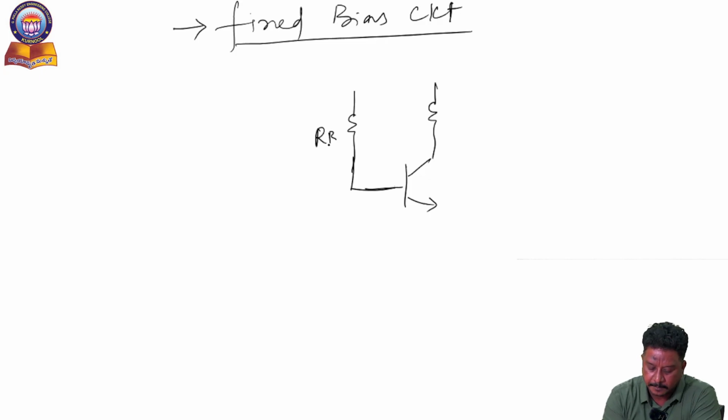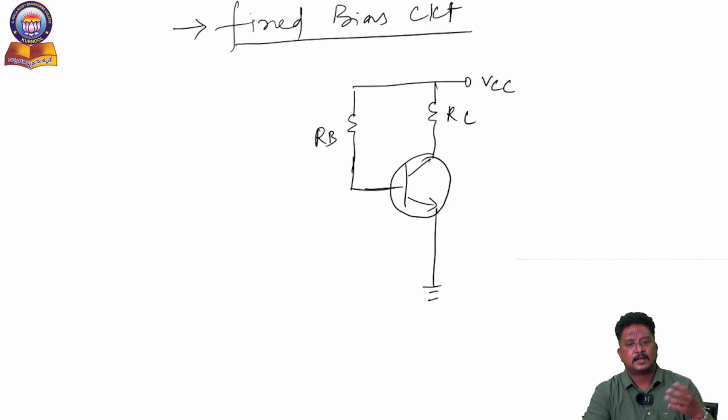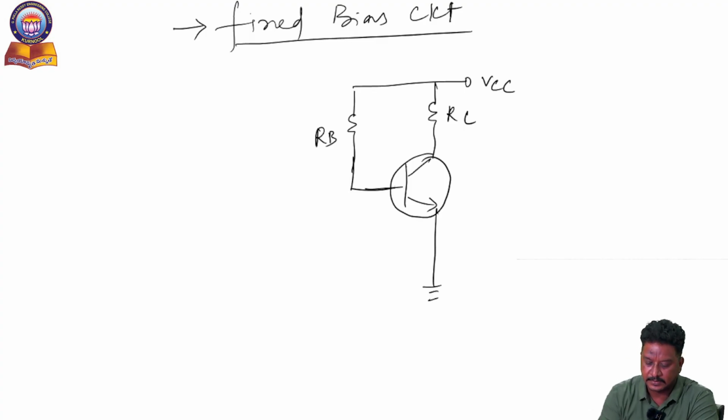This is RB, this is RC and this is VCC. Of course, I am using common emitter configuration. Why? Because in common emitter configuration the stability is minimum. We are getting less stabilization, so to increase the stability only, we require the stabilization techniques. That is the reason. And this is VBE. Of course, this is IC and this is IB.